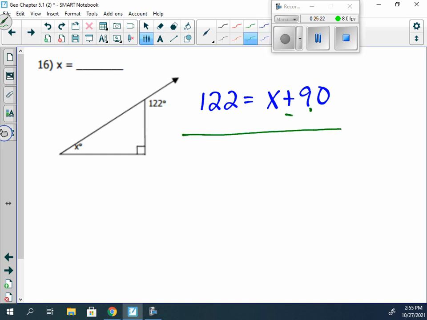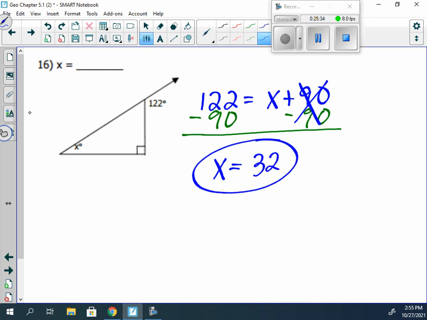So to get x by itself, we would subtract 90 from both sides. Well, these would cancel, leaving x by itself. And that's it.